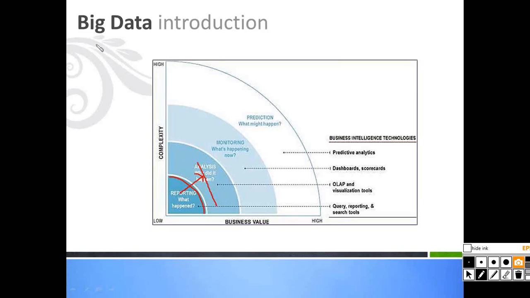But if you look at big data, the objective organizations are looking at is to get insight on the data. That's where the industry is heading. As the data is growing, they want a wide spectrum of analysis on the data. And this is not an easy thing. The complexity increases as you want to process more and more data and get different perspectives, different views on the same data.